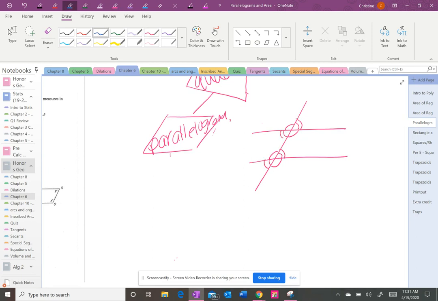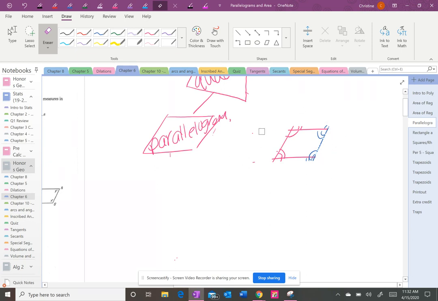So imagine if you had another transversal that was parallel here. This would be the same, boom, boom, boom, boom. So if I erased everything around this, we would get a parallelogram.